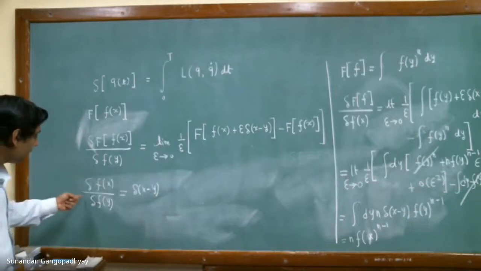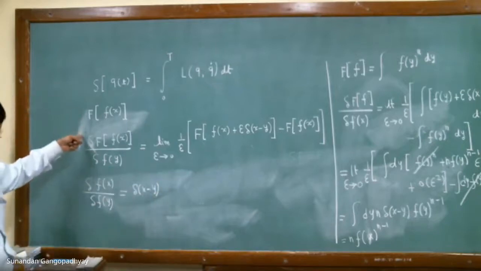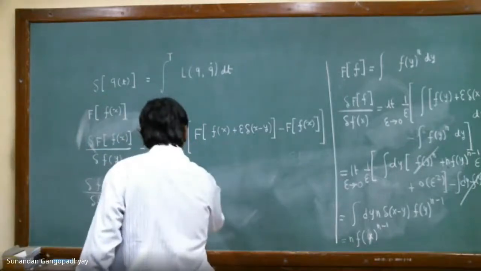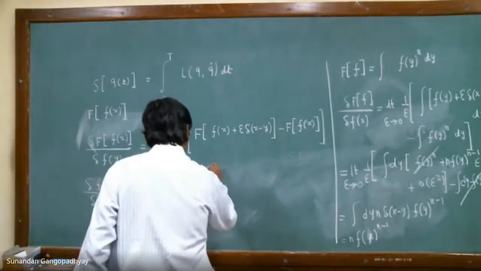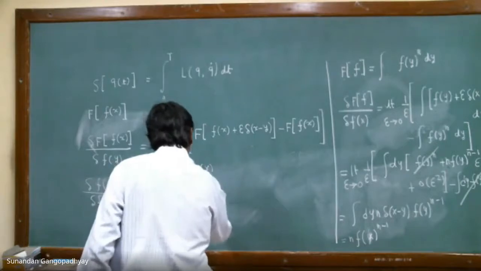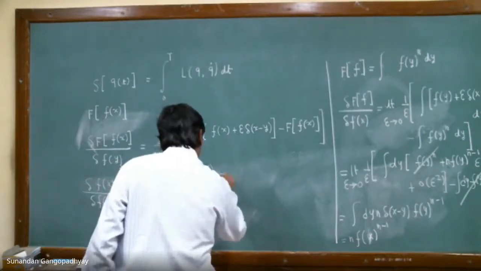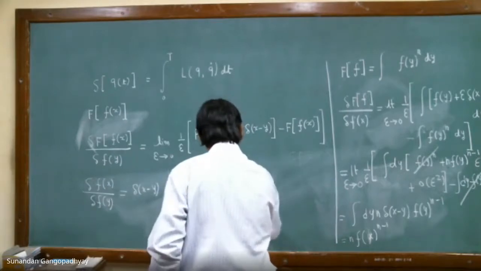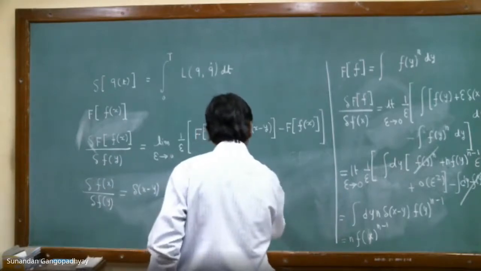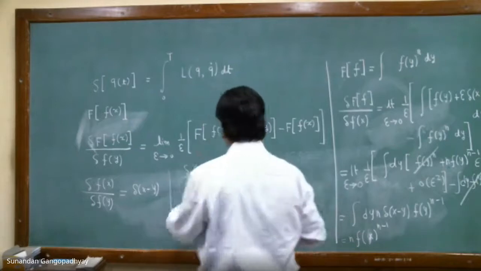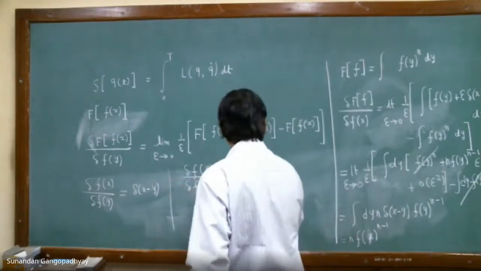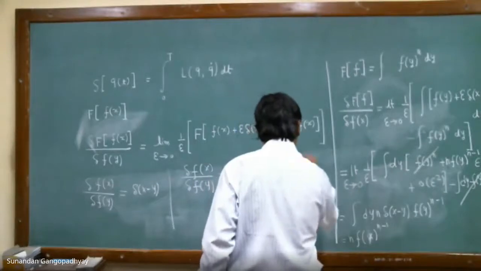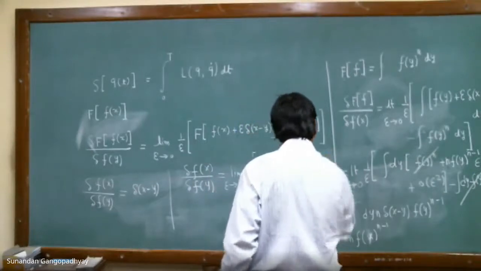But now you can see that this relation actually follows from this definition of the functional derivative. You can immediately see, because if you just apply the definition, delta f of x over delta f of y will be equal to the limit epsilon tending to 0 of 1 by epsilon times, here you will have f of x plus epsilon delta x minus y.